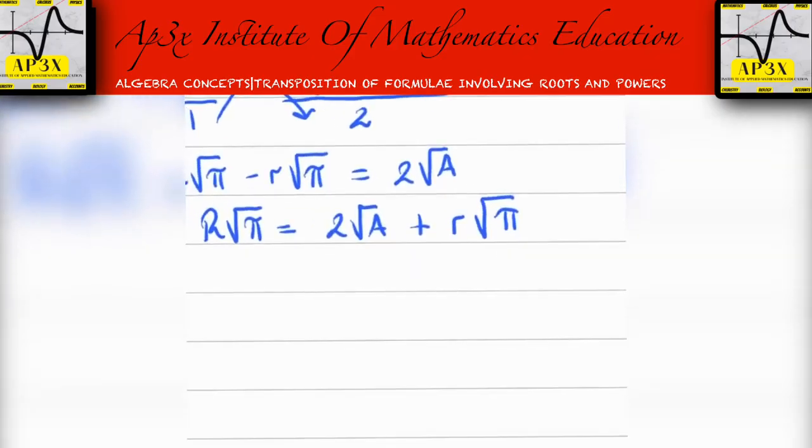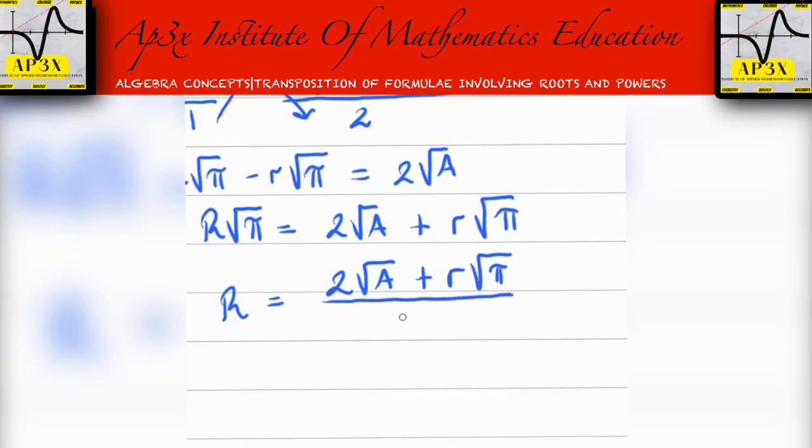Then to isolate R, we divide both sides by the square root of pi. When we divide the left side by the square root of pi, the square root of pi at the top is cancelled by the square root of pi at the bottom, leaving us with R. On the right side, we end up with 2 square root A plus small r square root pi, divided by the square root of pi.